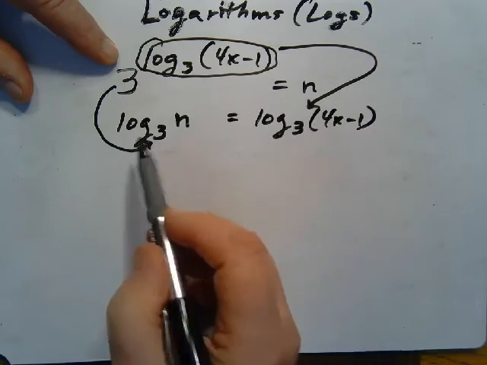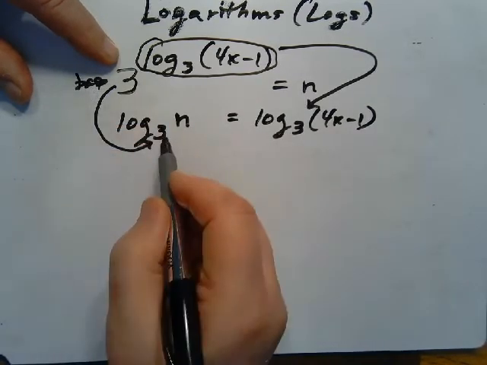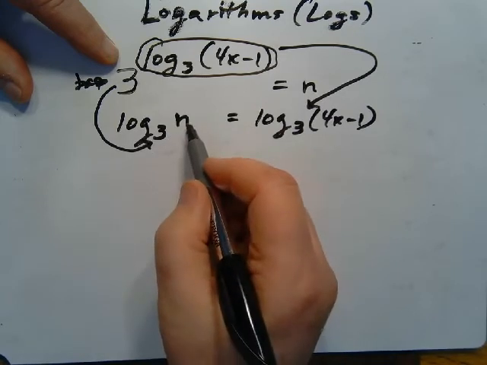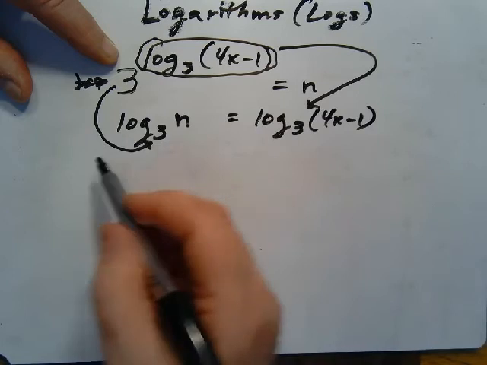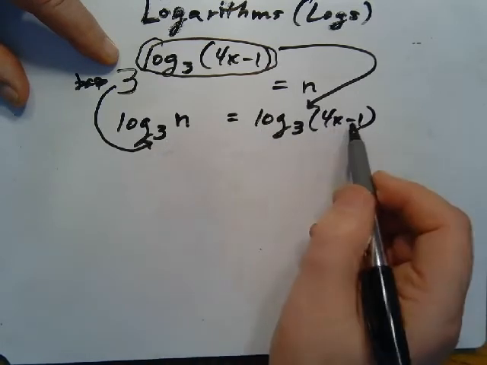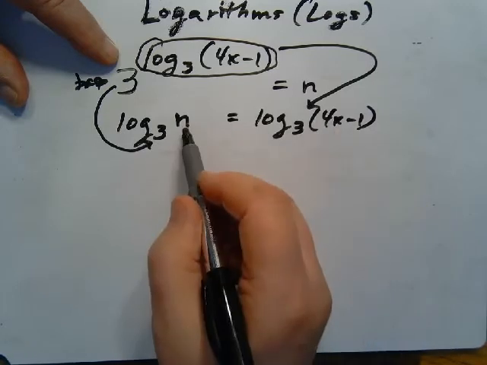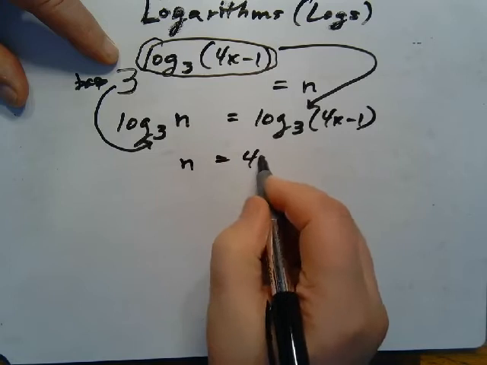It came down here. This is a base, it's coming down here and becoming a base. Log base 3 of the result is equal to the exponent. Well, if you look at these two, log base 3 on both sides, it stands to reason that these results here, inside n and 4x minus 1, are the same.